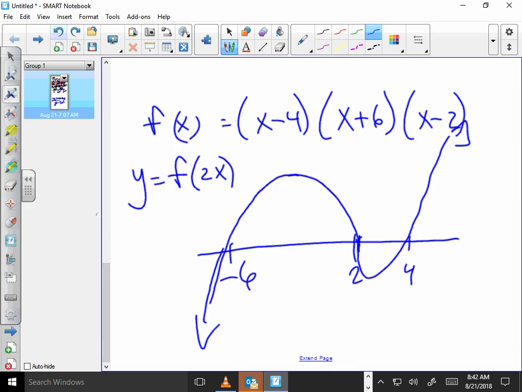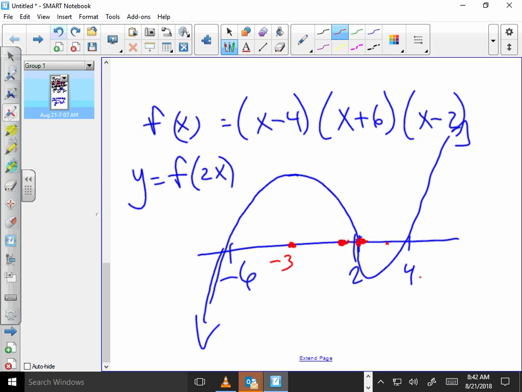Okay? Now, what does that 2 do? So I'm going to divide all the x's by 2. So this one will now be at -3. This one will be at +1. This one will be at +2. The y values stay the same.